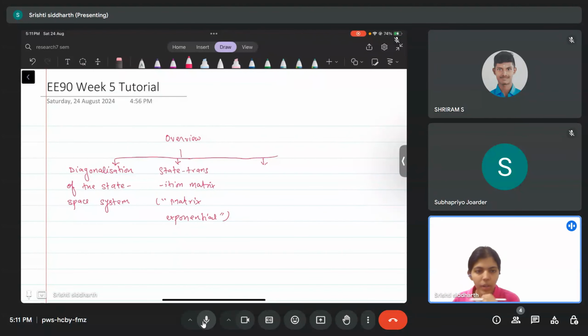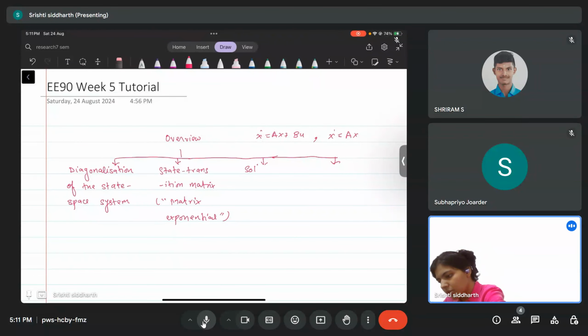The state transition matrix plays a very important role in the solution of the state space system x dot equals Ax plus Bu. One of the simpler systems is the homogeneous system x dot equals Ax.